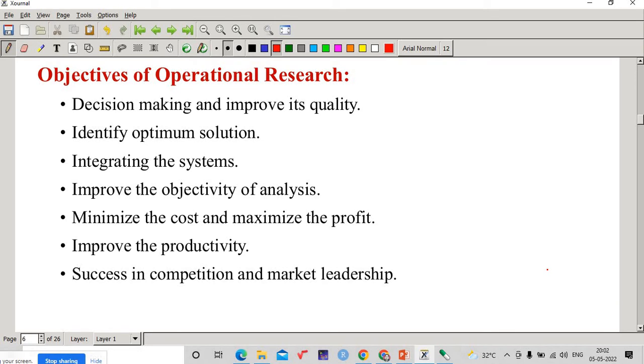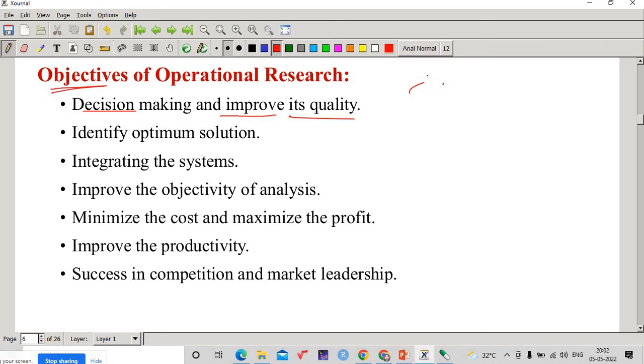While discussing the different definitions of operational research, we have discussed a bit about the objectives of operation research also. First, decision making and improving its quality. Obviously, whatever research we are doing, we'll try to give the best out of it. So it's a cycle.